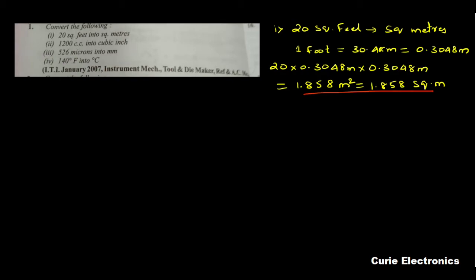Now the second question, we have to convert 1200 cubic centimeter into cubic inch.